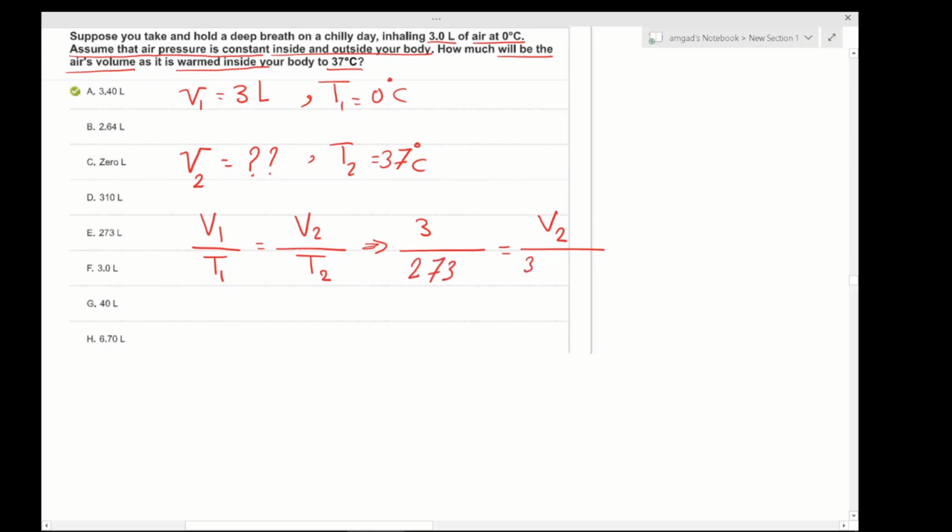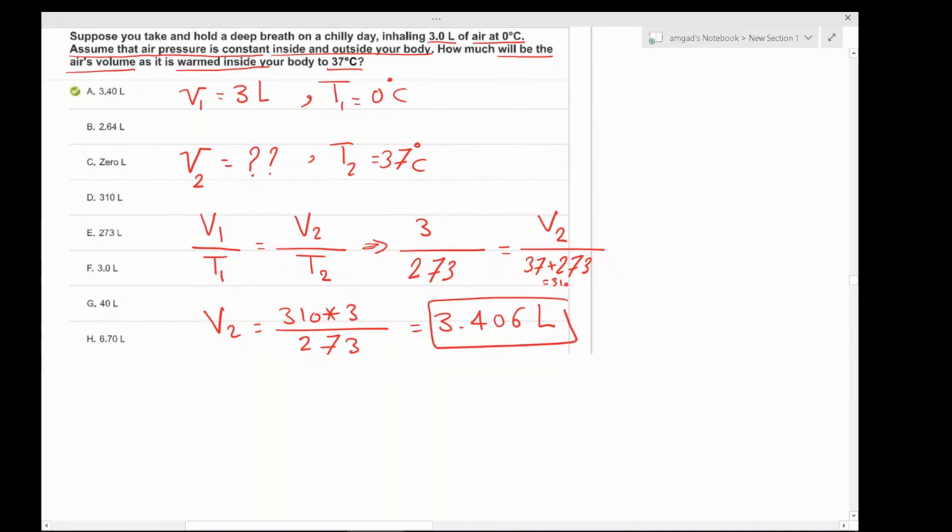And temperature 2 is 37 plus 273, which gives you 310. So what's V2? 310 times 3 divided by 273. 3 point what? 46 liters. So it's almost 3.4 liters.